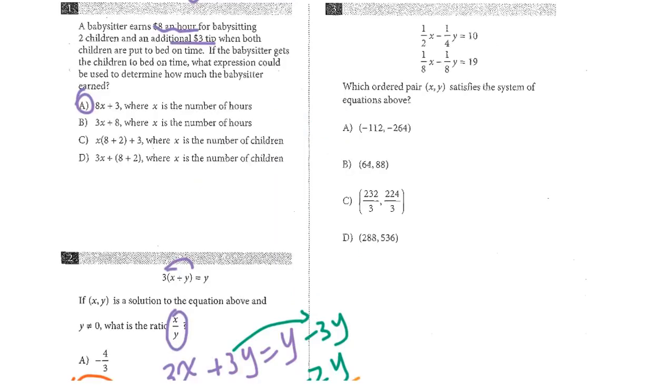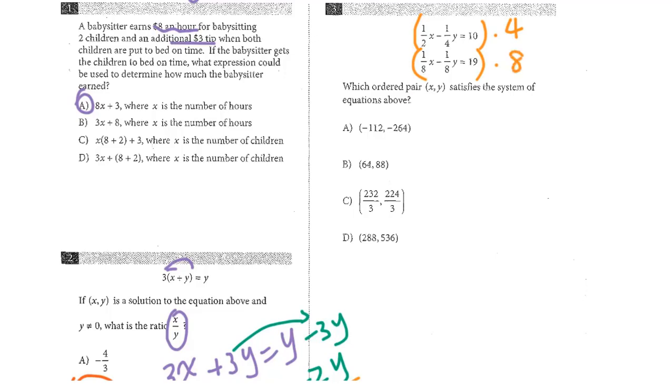For number 3, if you see a fraction, first of all, you get rid of the fraction by multiplying by the denominator, the least common denominator. So for the first one, we multiply by 4. Then for the second one, we multiply by 8.